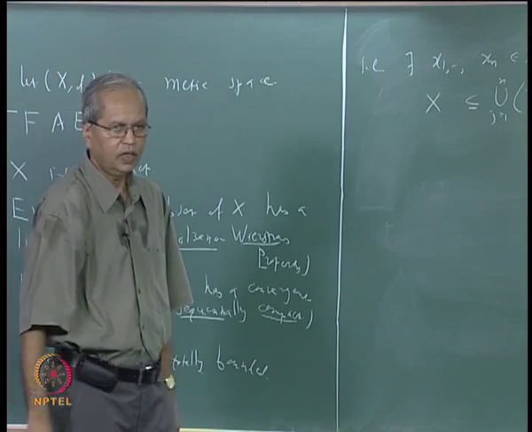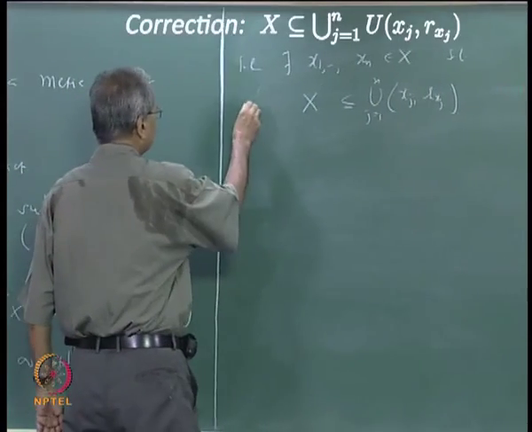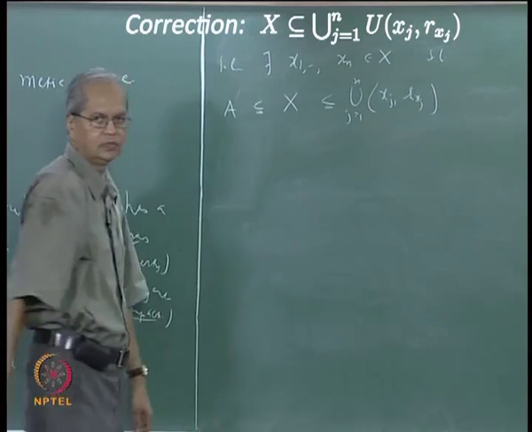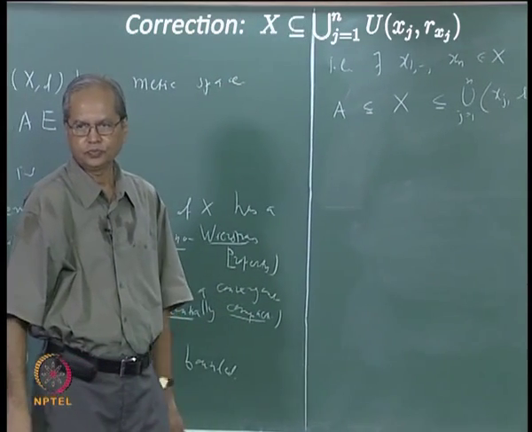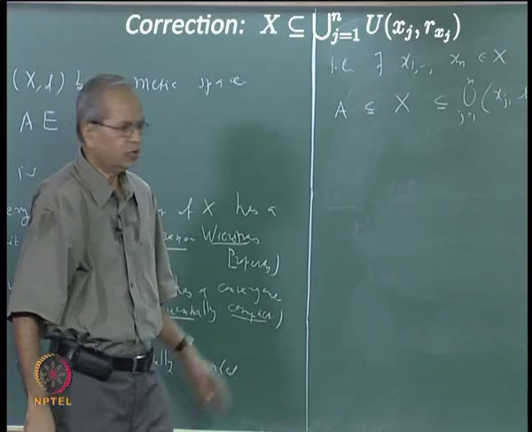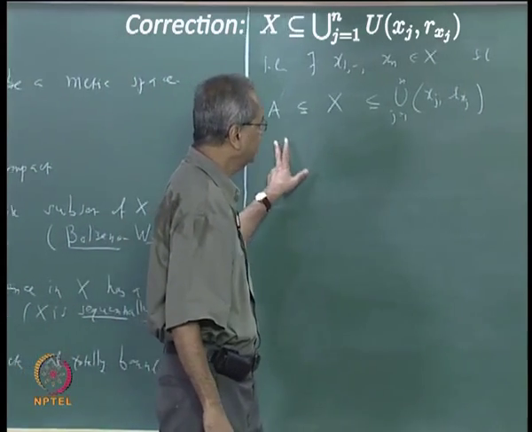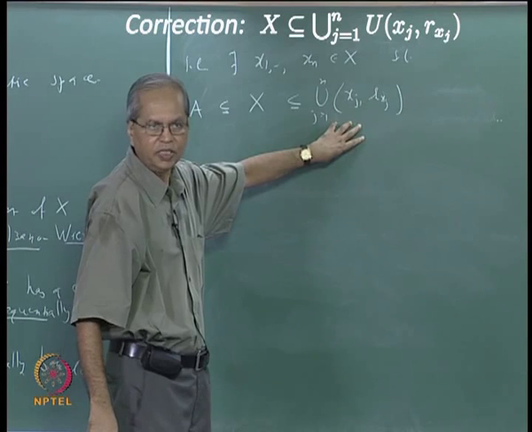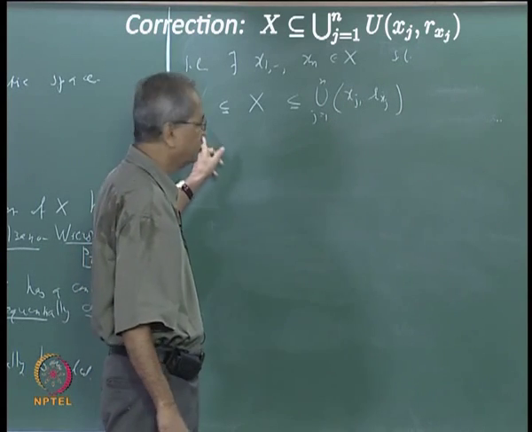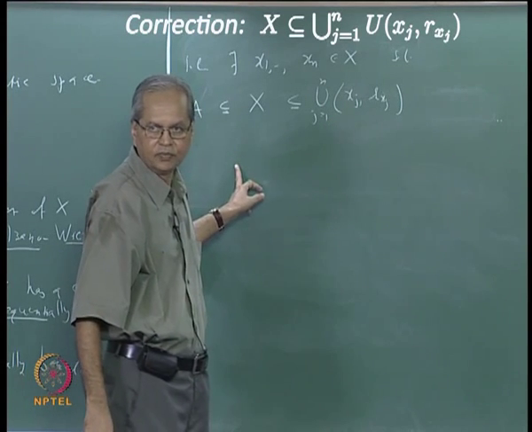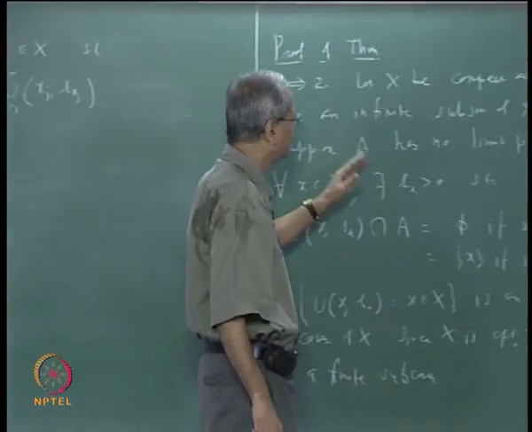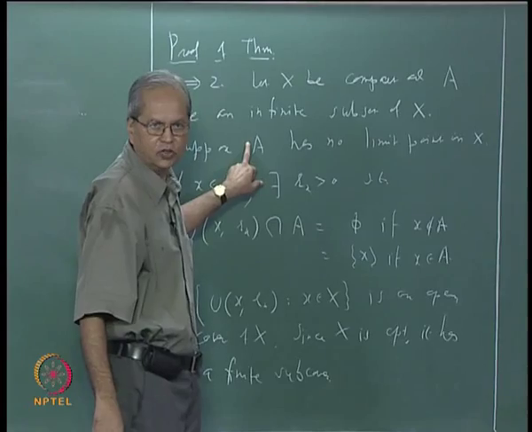And A is obviously a subset of X, so A is also contained in this. So A is contained in the union of a finite number of balls like this, but each of these balls can contain just one point of A at the most, and we started with saying that A is an infinite set, so that is a contradiction.